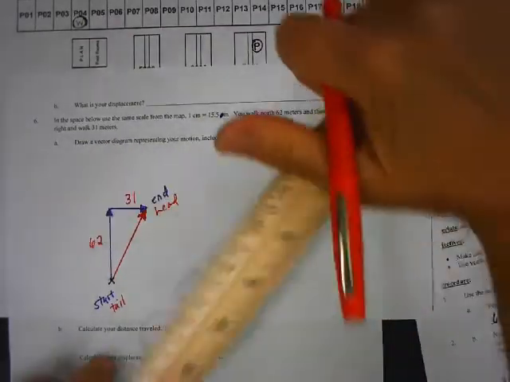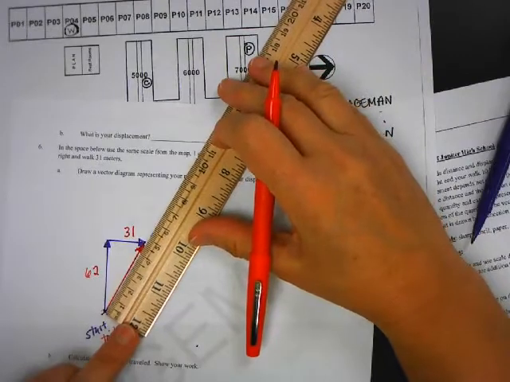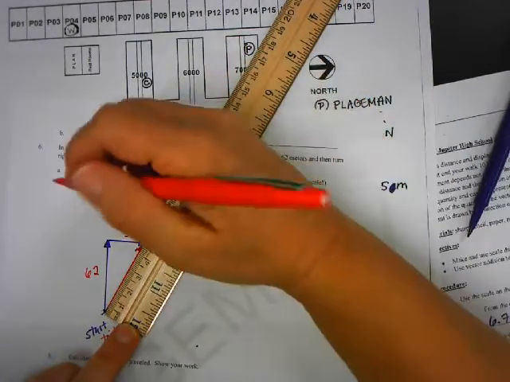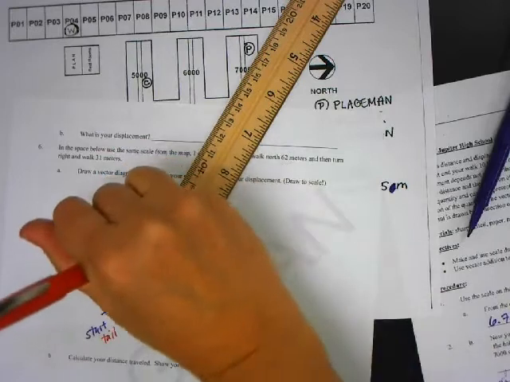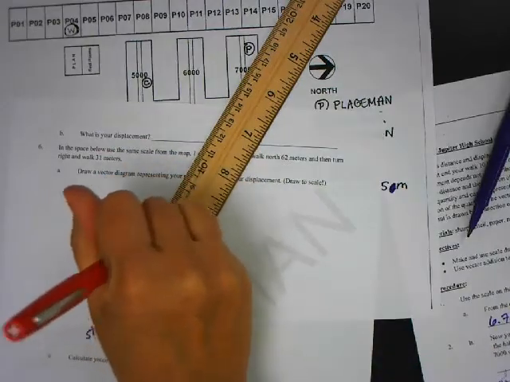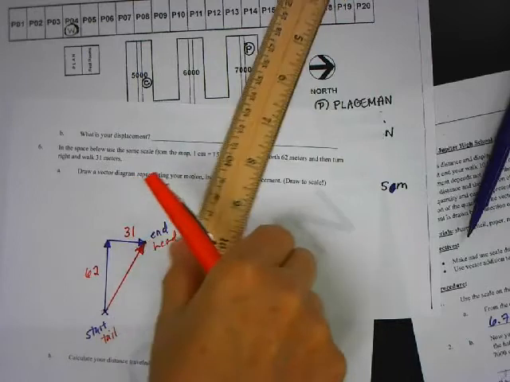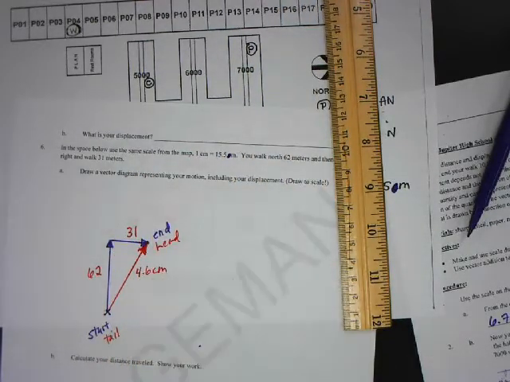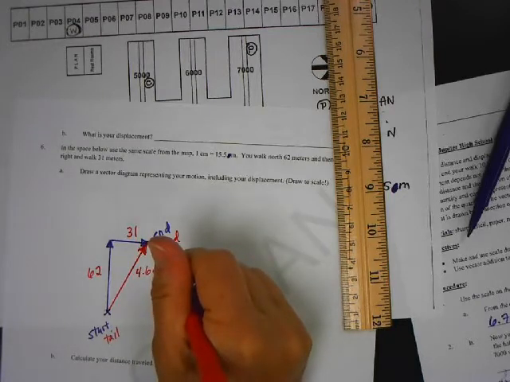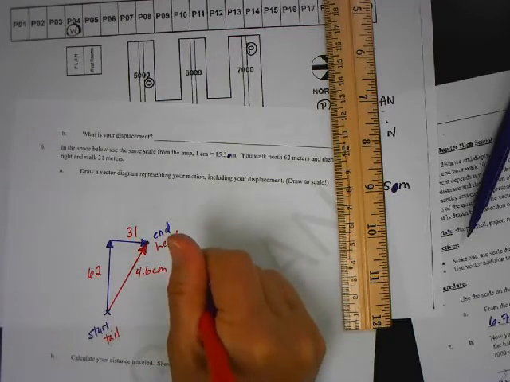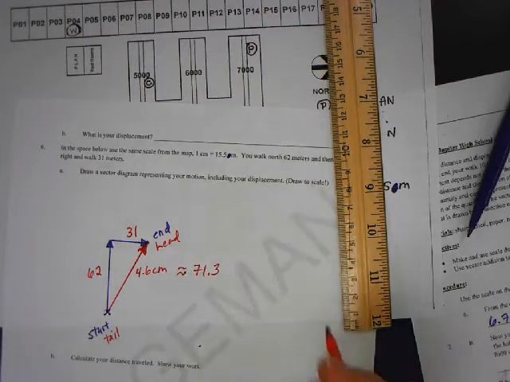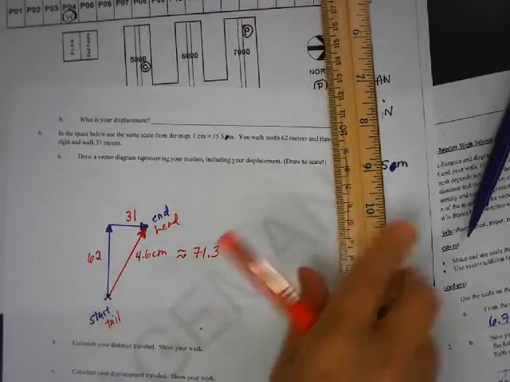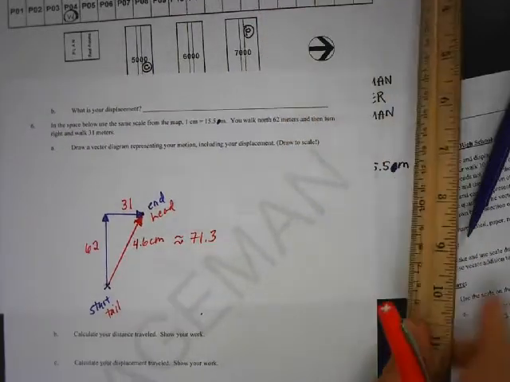If I measure this, it comes out to be like 4.6 centimeters, and 4.6 times 15.5 gives me about 71.3, but that's doing it to scale with a ruler.